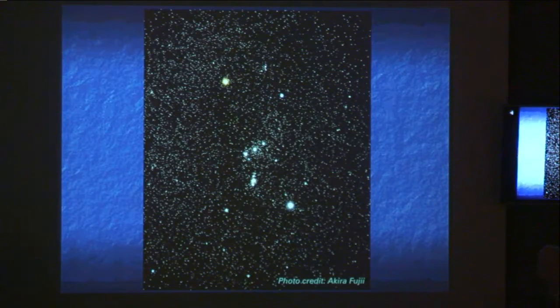Now, with the invention of the telescope, things changed. Galileo Galilei made that first astronomical telescope and sold them on the basis that they could resolve fuzzy things into stars.